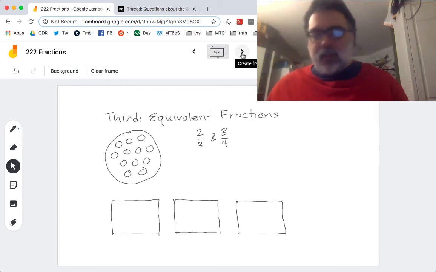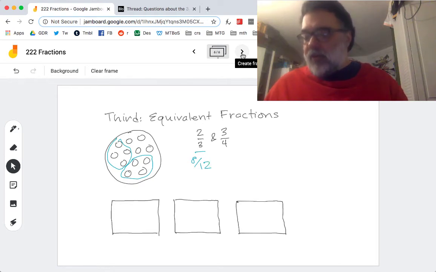So remember when we had the plate of cookies? So what would a 1/3 of the plate of cookies be? So 1/3 of the plate of cookies is 4 cookies. So 2/3 is 8 out of the 12.